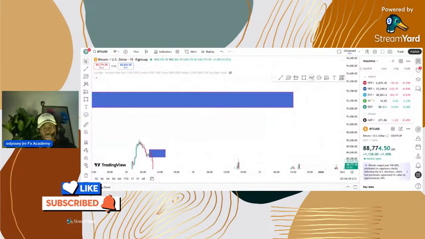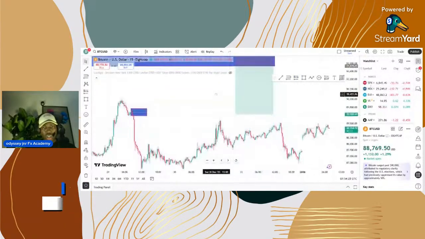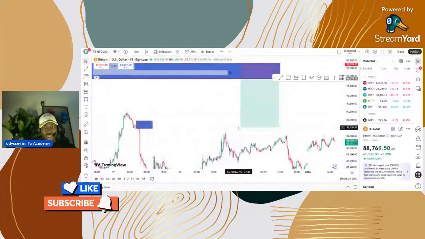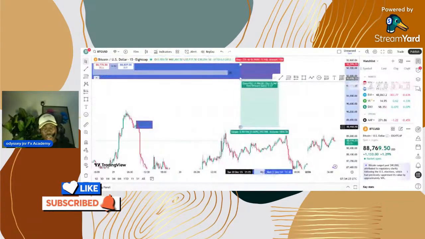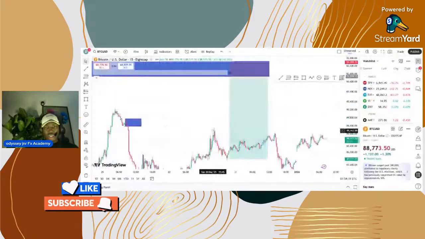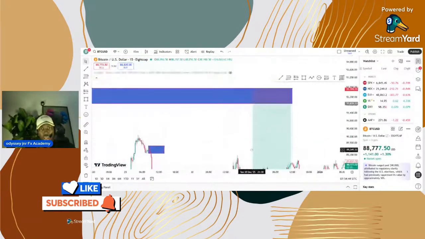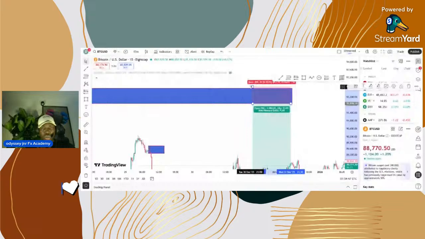Then we'll use this as another valid order block. Though the market is not that strong now, it has been consolidating for a while. But we'll be looking at it for our sell here.